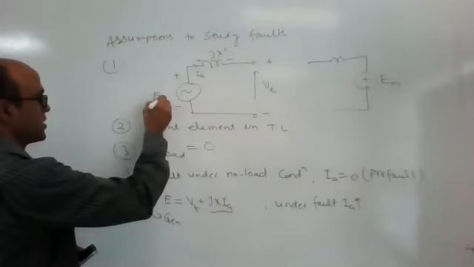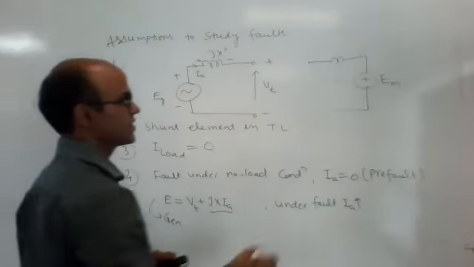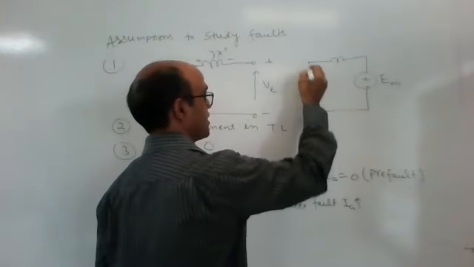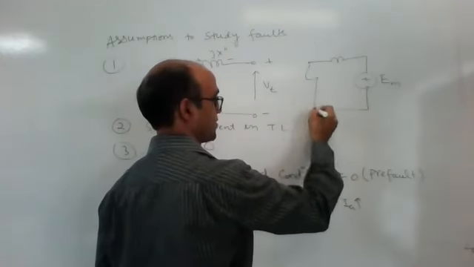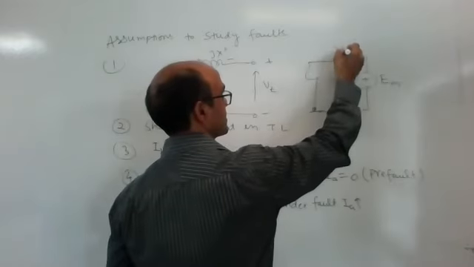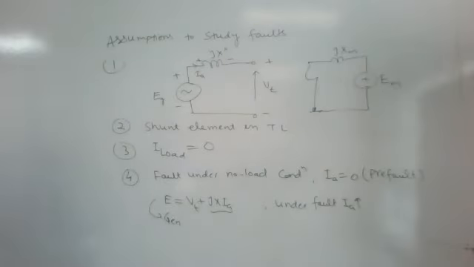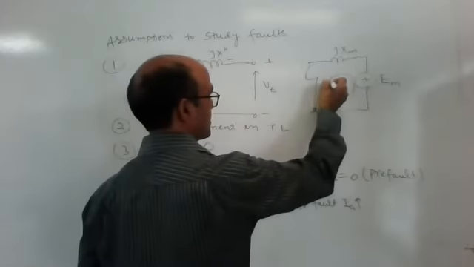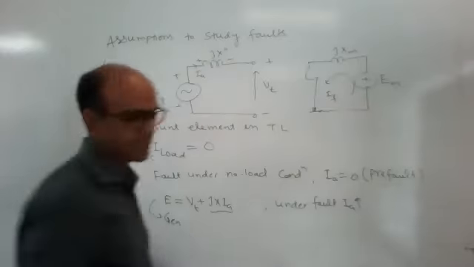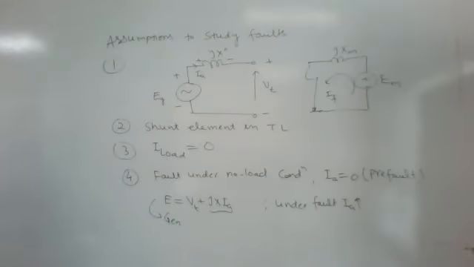If a fault occurs at this point and we find the fault current IF, it is simple: IF equals EM by X. So a synchronous motor acts as a generator.